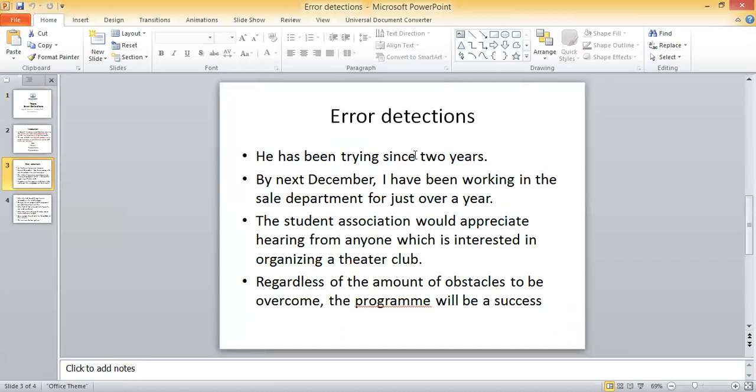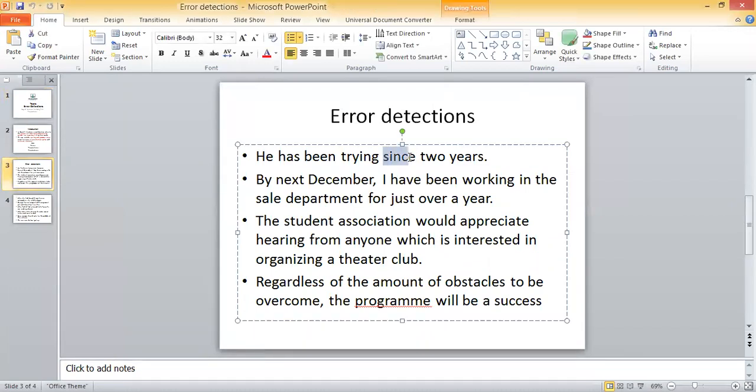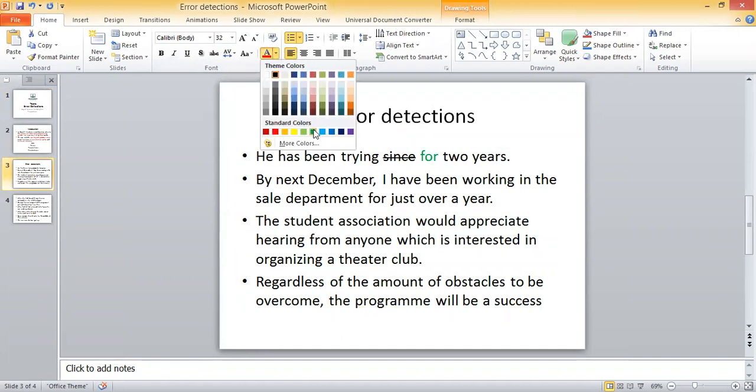So he's been trying, I said since is wrong, so what we do, we'll use for. And I'm also highlighting it so that you would understand what I am talking about.